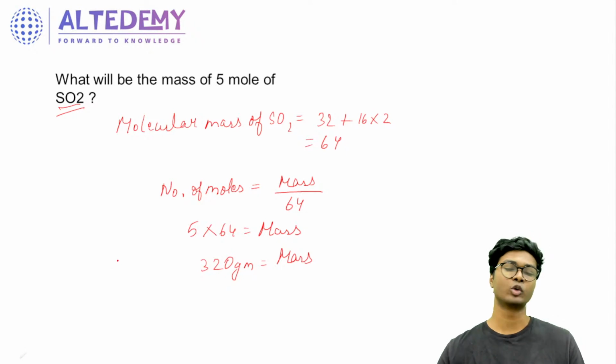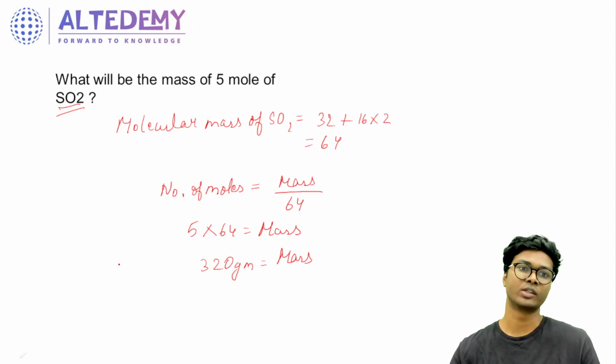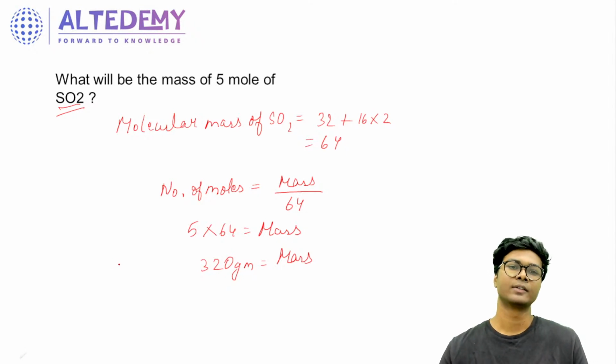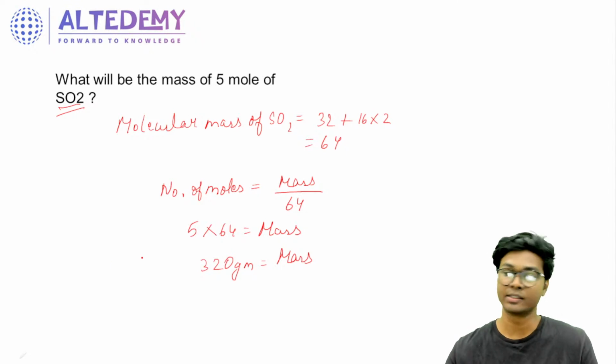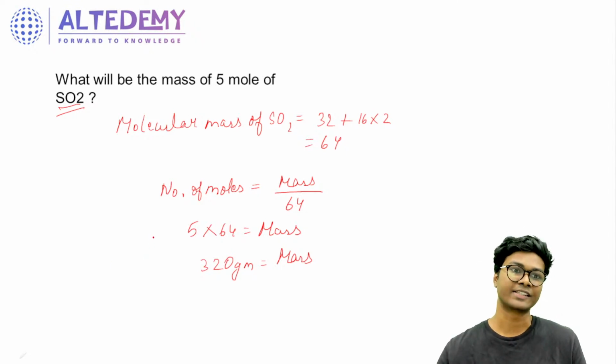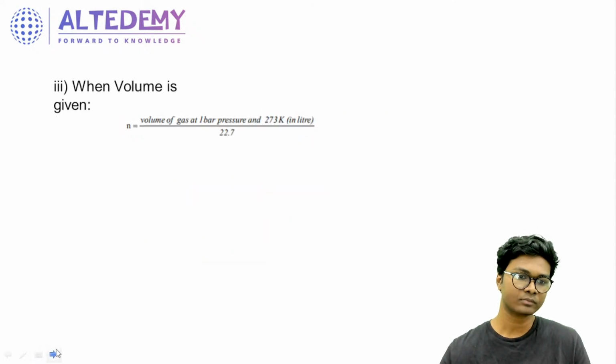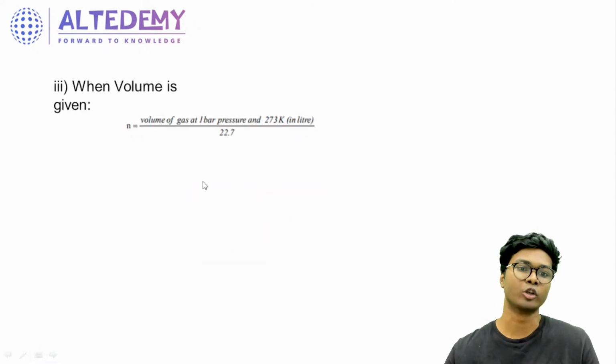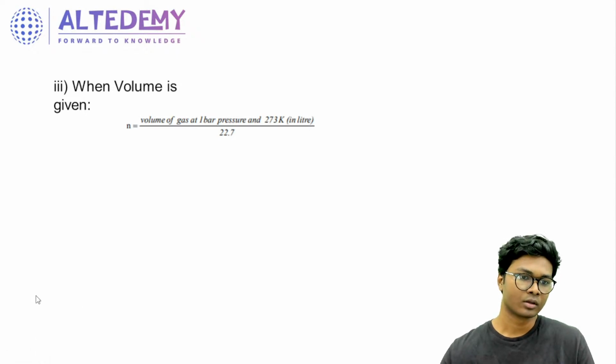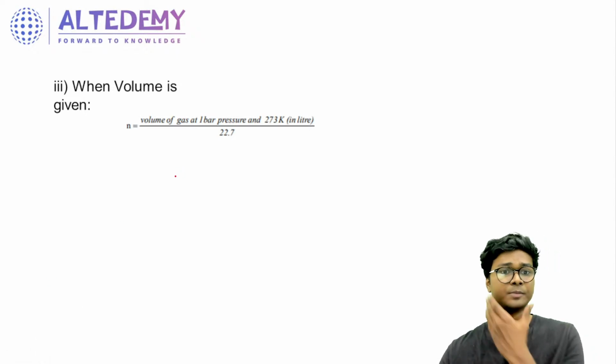So we have learned 2 methods. The first one was when the number of particles was given. The second method was when mass was given. Ultimately, the third one is when volume is given.